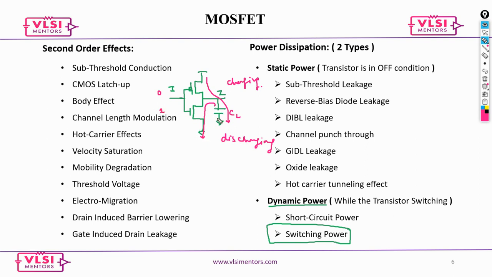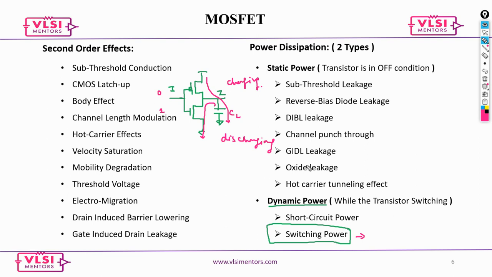Whatever the power consumed at the time of these actions is called switching power. Switching power is mainly due to charging and discharging of load capacitance. When you play a game, your charging and discharging happens much faster and more frequently. That is the main reason your power is getting consumed. That is what we call switching power.